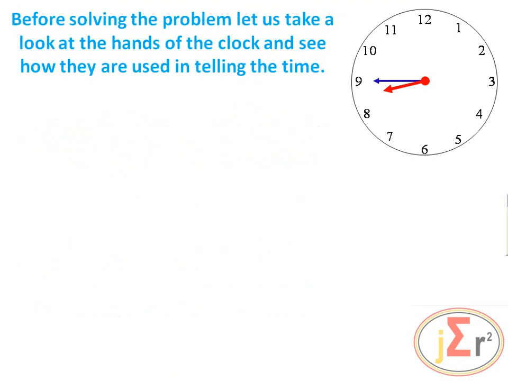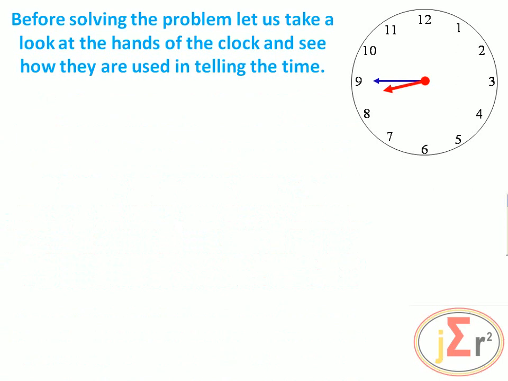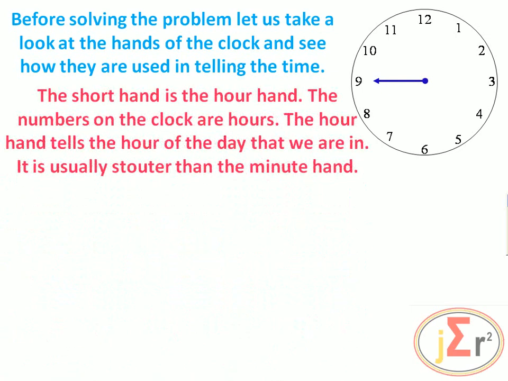Before solving the problem, let us take a look at the hands of the clock and see how they are used in telling the time. Which hand is that? The red one. The hour hand. Right. So the red hand is the hour hand, the short hand. The numbers on the clock are hours. The hour hand tells the hour of the day that we are in.